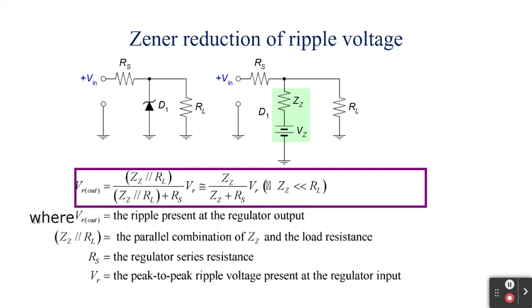And of course, we can assume that the impedance of the Zener does not have any reactance here. So the Z is considered as the internal resistance of our diode. It will be parallel to RL, and this is how we write it.